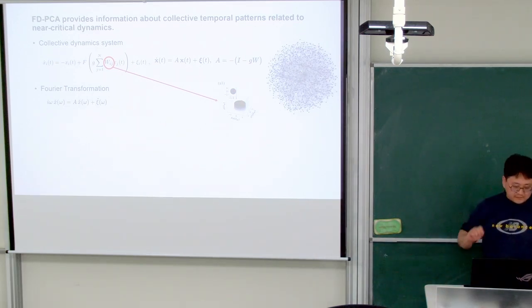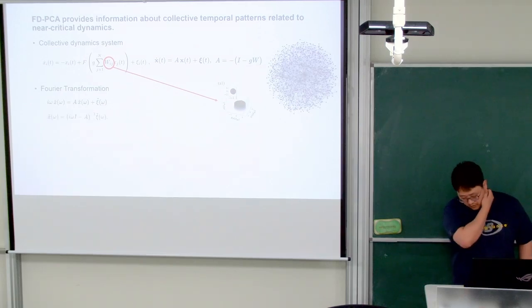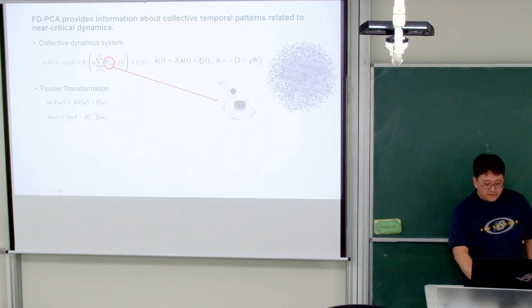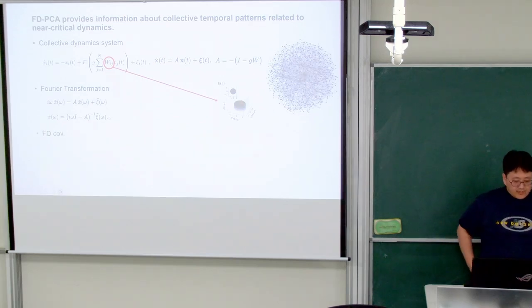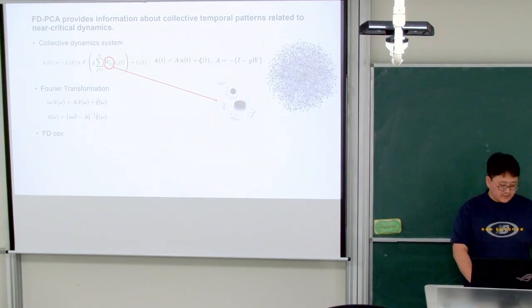And then after rearranging this equation with respect to x, then we will get this one, right? So now it's time to calculate the FD covariance matrix.